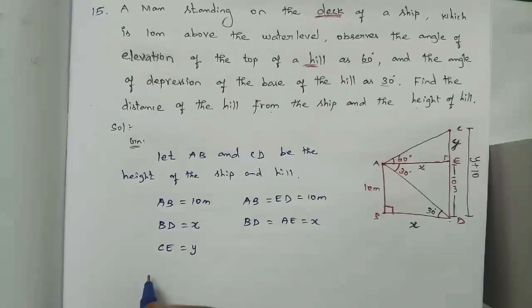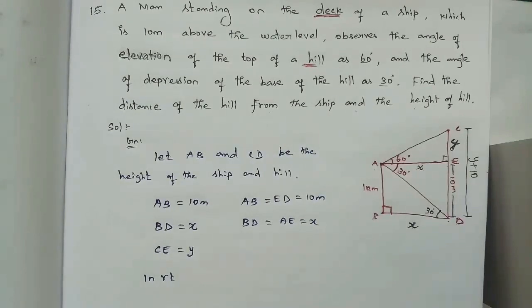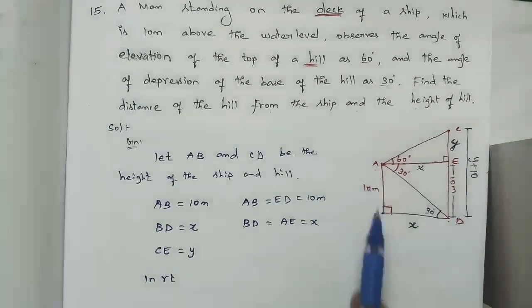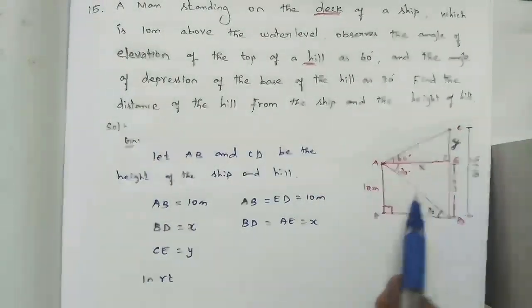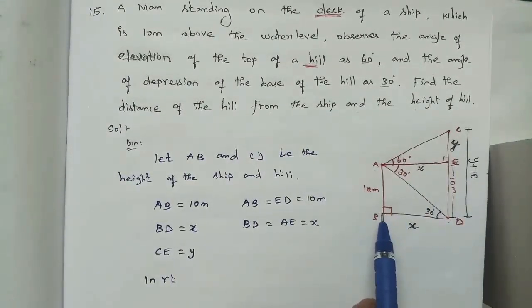We have two right triangles. What are they? First I am taking ABD, and second AEC, right? Among the two right triangles, for one triangle we know one angle and one side.